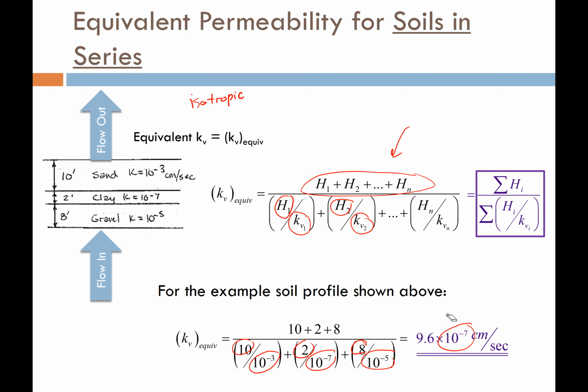So as a result, our equivalent conductivity in the vertical direction, for soils in series, is governed by the soil with the lowest conductivity. So it's the opposite of soils in parallel.